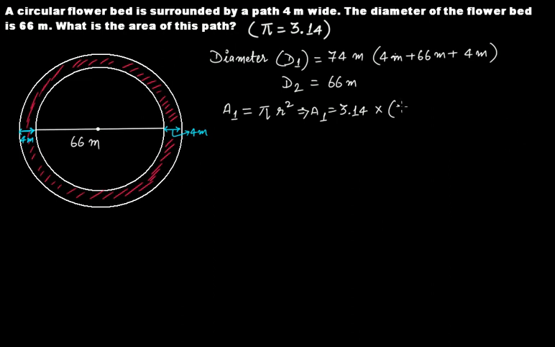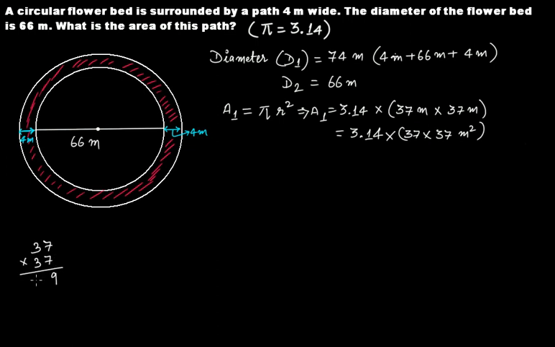So this is 3.14 times 37 times 37 meter square. 37 times 37 is 1369, right?